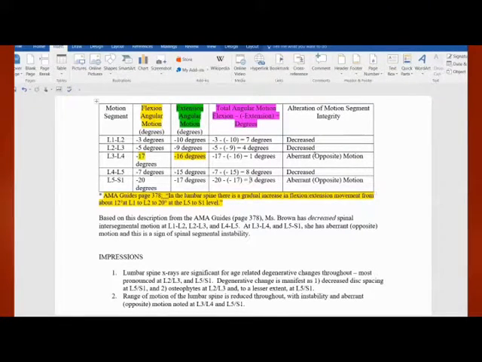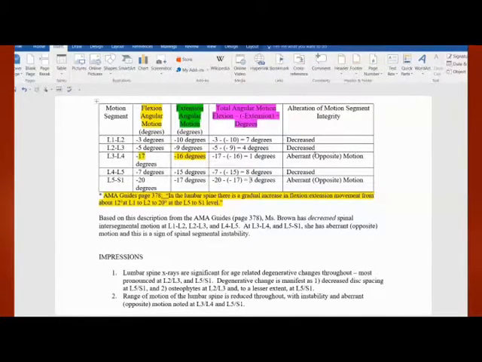Now we have to decide, what do these conclusions mean? Do they mean anything at all? Do they contribute to the body of our opinions and conclusions, or are they simply coincidental findings without clinical significance?